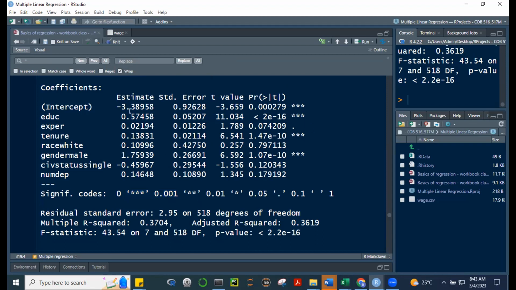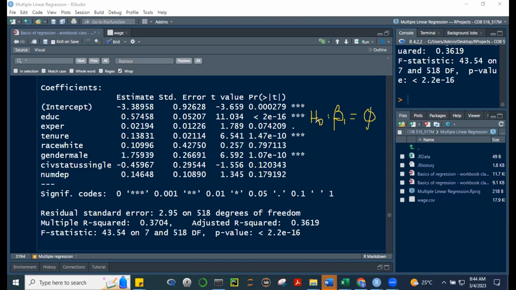Sabi natin, the null hypothesis in this tests. Let me write that. So the null hypothesis here is that education, H null, let's call that beta 1. Yung beta 0 natin intercept. Beta 1 is equal to 0.